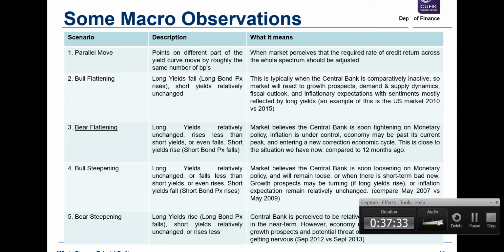The bull and the bear are referring to changes in bond prices. So bull steepening means the steepening comes from a rise in bond price, and bond prices are rising because short yields are falling. So short bonds' prices rise.